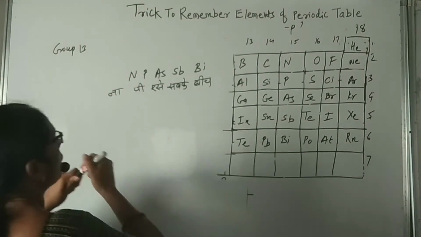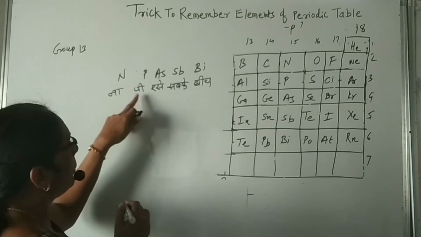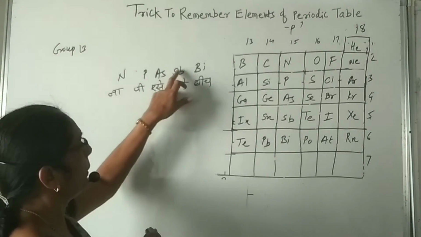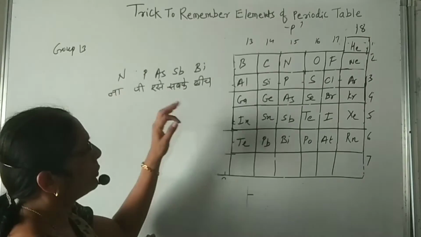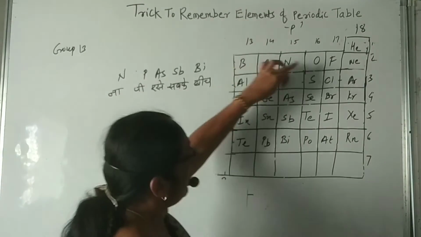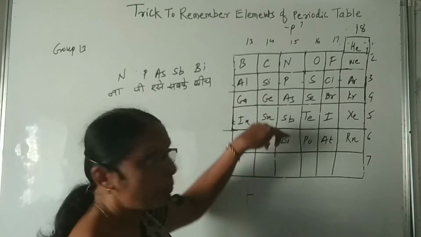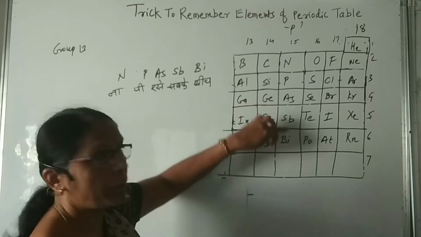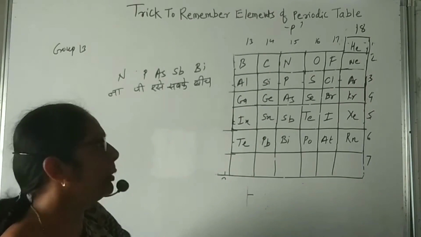Na for nitrogen, P for phosphorus, arsenic for As, Sabke Beech, Sb and Bi for bismuth. Na P Aise Sabke Beech.